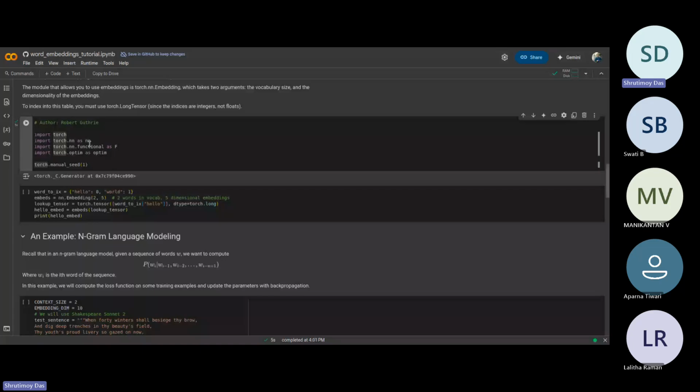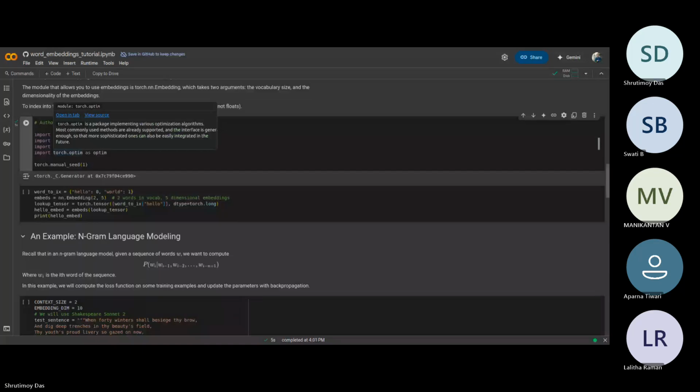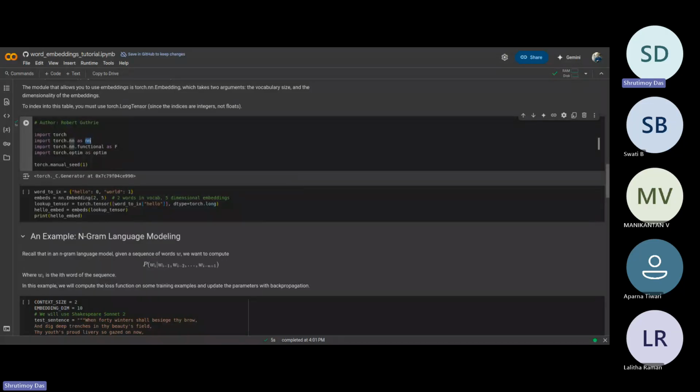So these are some standard functions in PyTorch that are always required. This nn is how you define your neural network. Neural networks will have linear layers, and later on we'll see convolutional layers, or recurrent neural networks. All of these things are defined within nn.